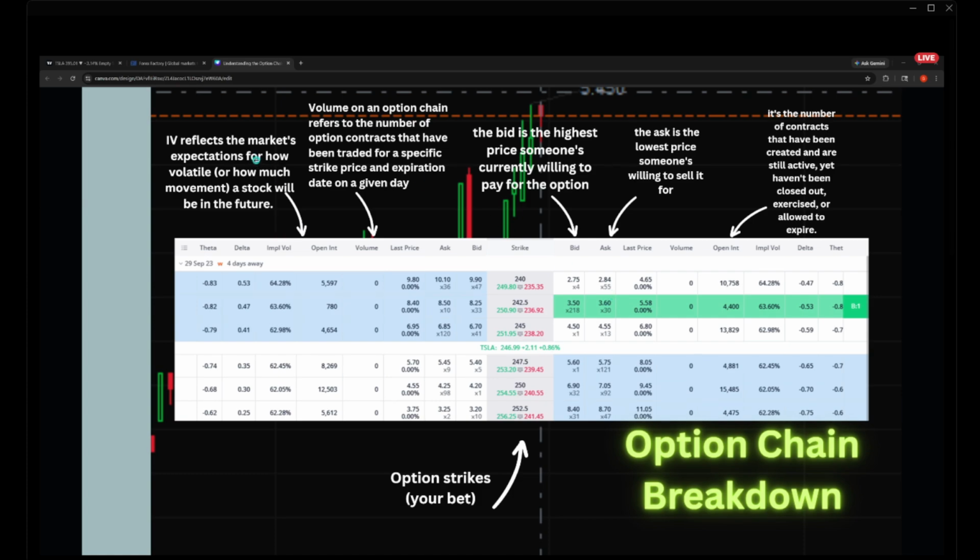IV reflects the market's expectation for how volatile a stock will be, or how much movement a stock will have in the future, right? So it's predicting volatility in a way, and they do use it as such. Is that accurate? Not always, but it is typically increased by volatility in the market.